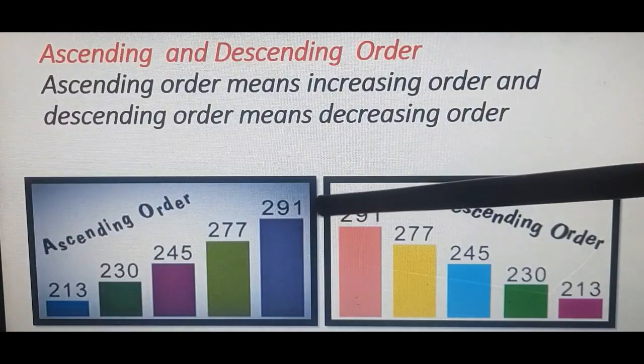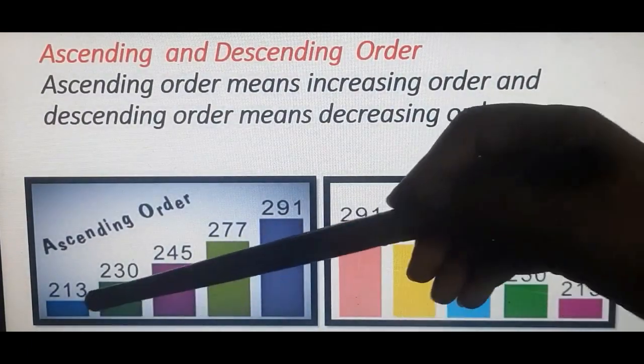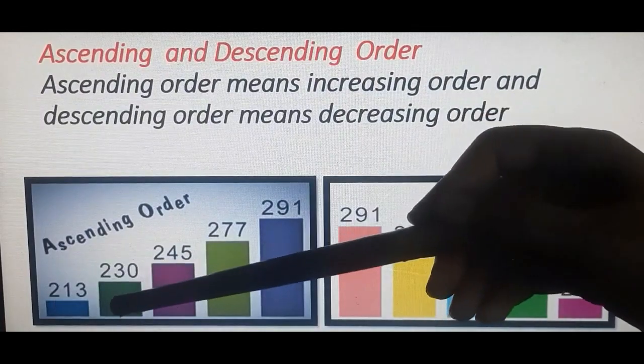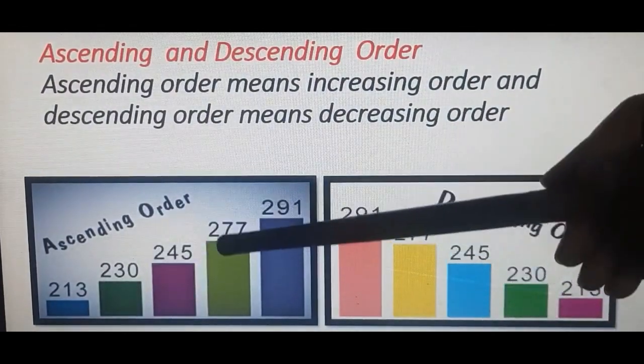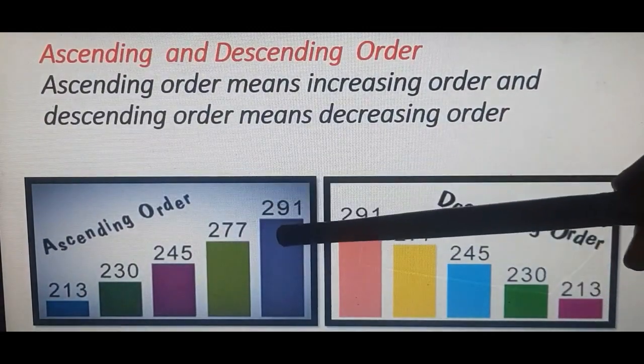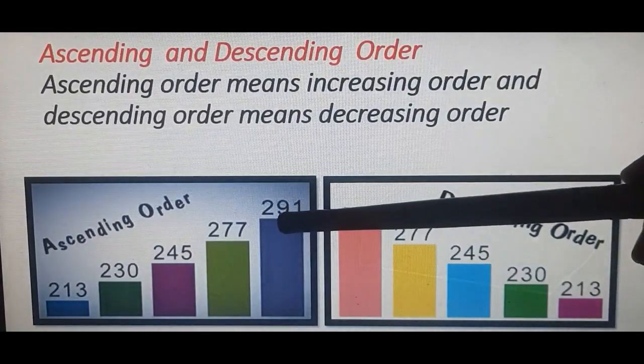It is increasing order, the numbers are increasing. Small first, then the next number is bigger than 213, next is bigger than 230, next is bigger than 245, next is bigger than 277. So it is increasing order.